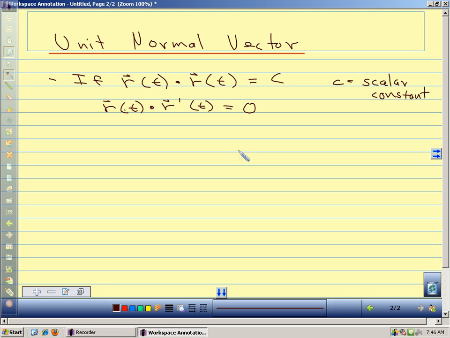So this was our property that I said would come back and be important. So let's look at how we're going to use this.